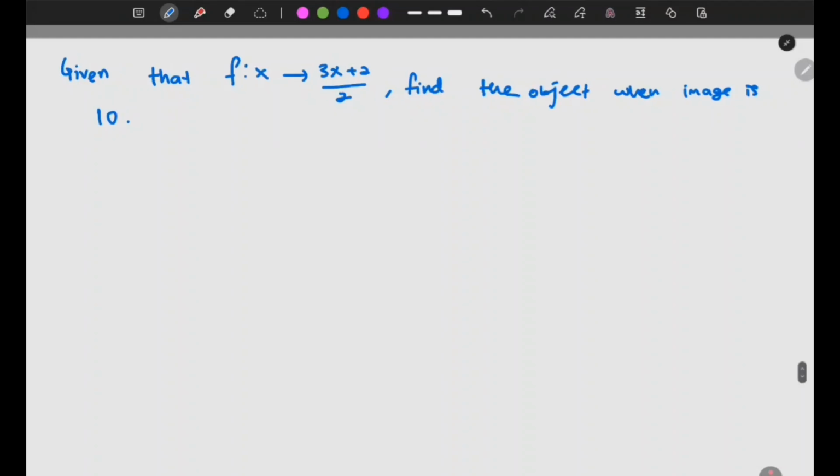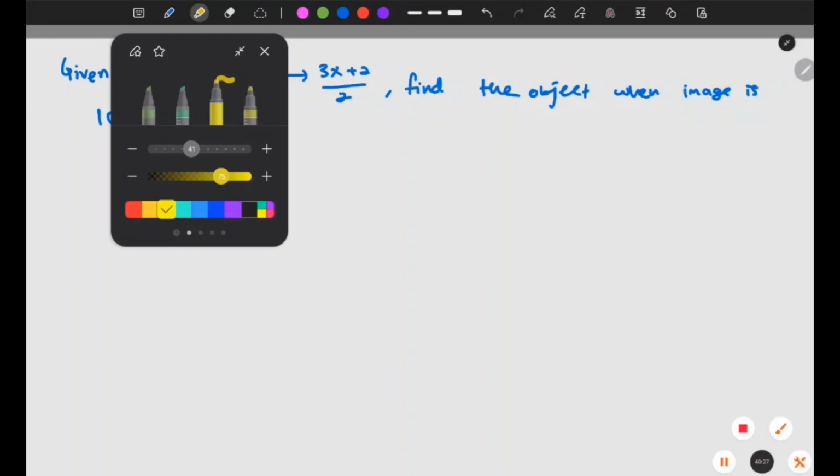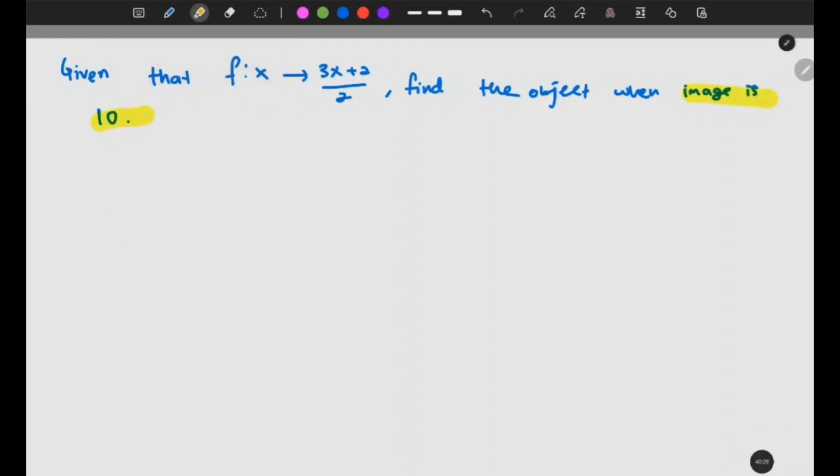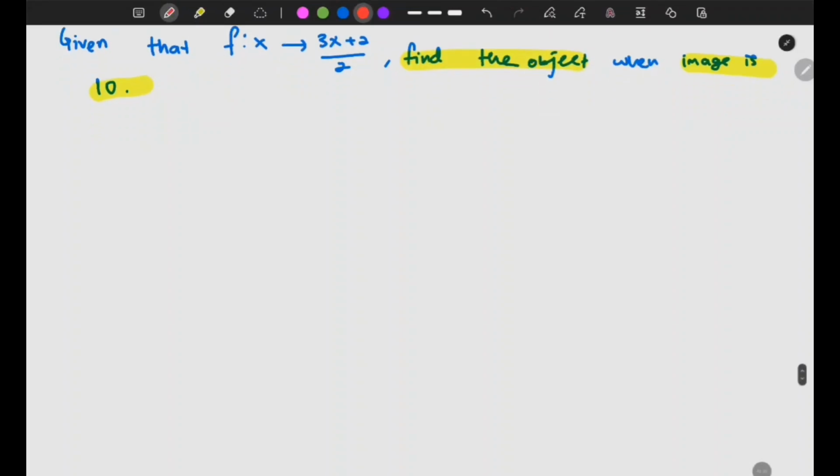So look for the keyword, guys. When you see a question that says the image is 10, and they ask you to find the object, what is your object? x. What is the image? f(x). So they ask for your x and they give your f(x).